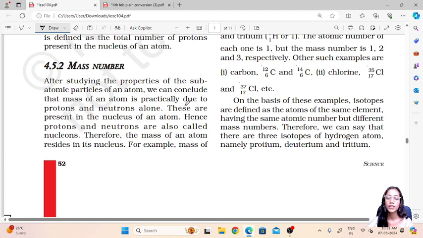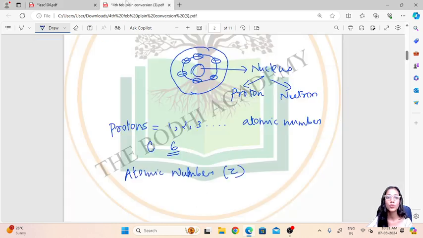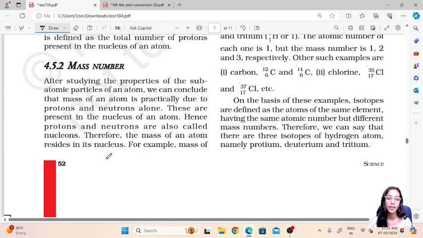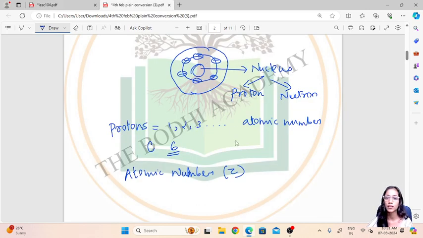After studying the properties of subatomic particles of an atom, we can conclude that the mass of an atom is due to its protons and neutrons alone, because electrons which are revolving around the nucleus have negligible mass. So what is present inside the nucleus is the whole mass of the atom, and that is given by the protons and neutrons. Therefore, the term used together for the protons and neutrons is nucleons, because both are present inside the nucleus.